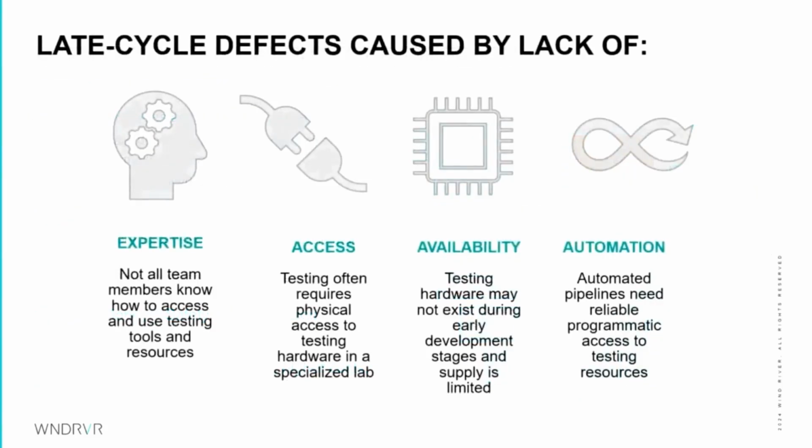In our view, traditional development methods often lack the four key ingredients necessary to be effective for testing the new age intelligent edge systems. These are expertise, access, availability, and automation. And I'll talk about each of them briefly. From expertise point of view, traditional development and testing methods often operate in silos, with developers, testers, and operations working separately in isolation.